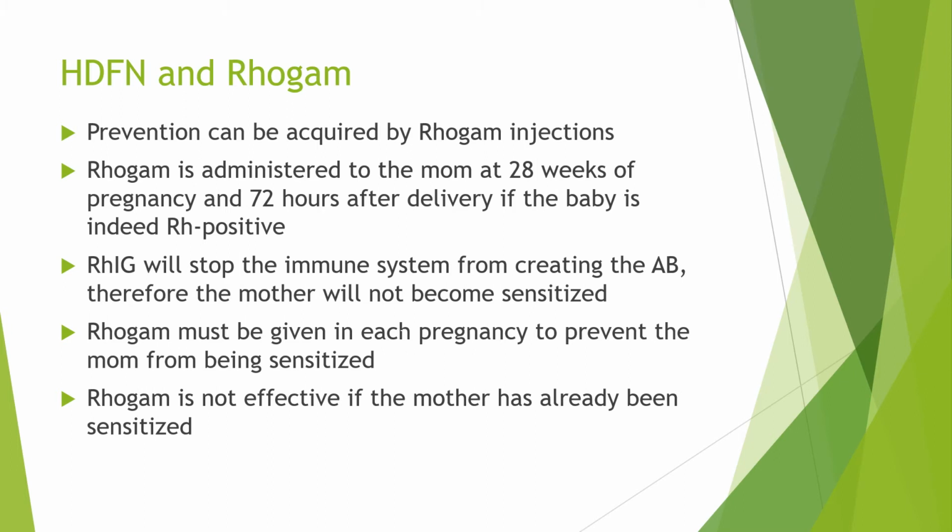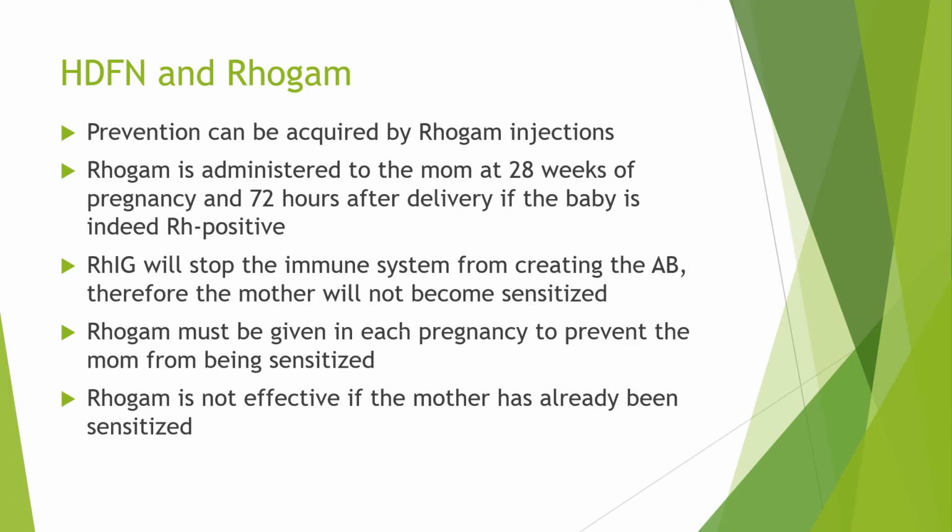So at 28 weeks of pregnancy, a shot of Rhogam will be given to the mother, and approximately 72 hours after the baby is delivered, another dose of Rhogam will be administered if the baby is indeed Rh positive.